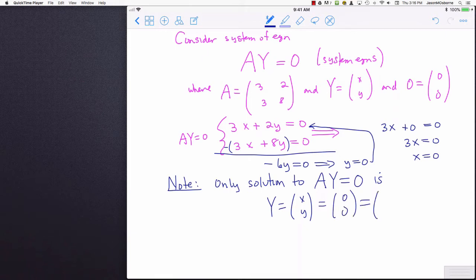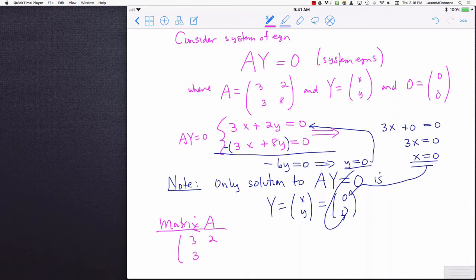An equivalent consequence concerns the matrix A, which is 3, 2, 3, 8.